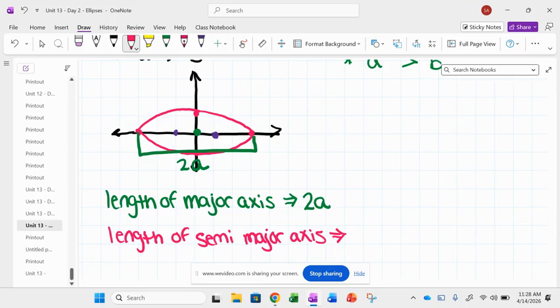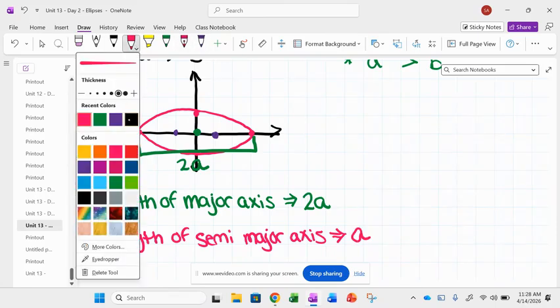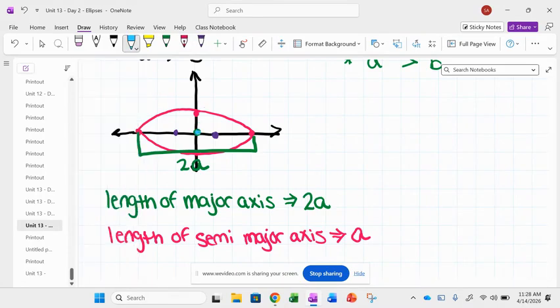So the word semi means half. So the length of the semi-major axis is going to be half the major axis. So if the length of the major axis is 2a, the length of the semi-major axis has to be a. And what that length represents is the length from the center of the ellipse to a vertex.